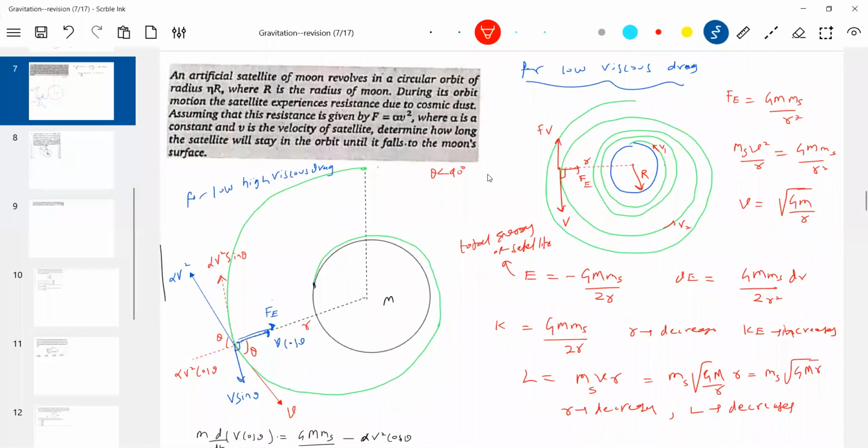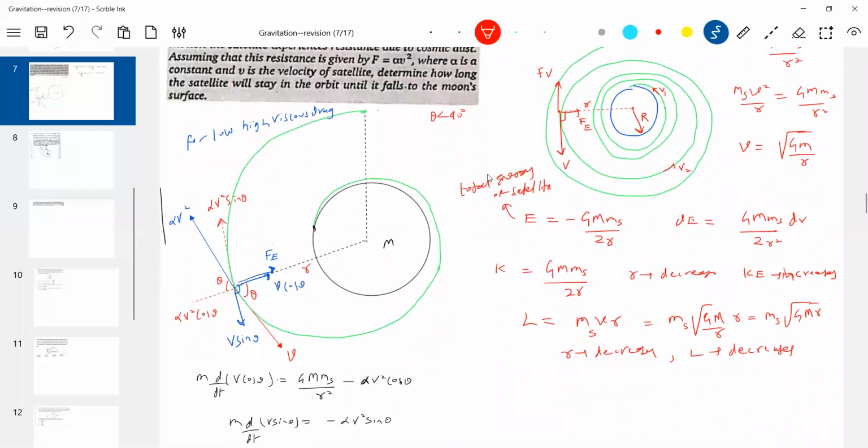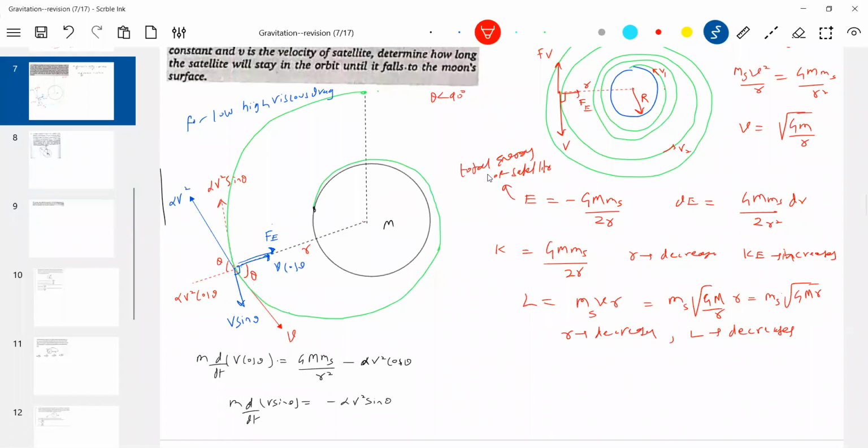The work done by viscous drag: dE is equal to F into ds. What is F? Here I'll introduce the rate at which mechanical energy decreases. That should be equal to F into ds by dt.